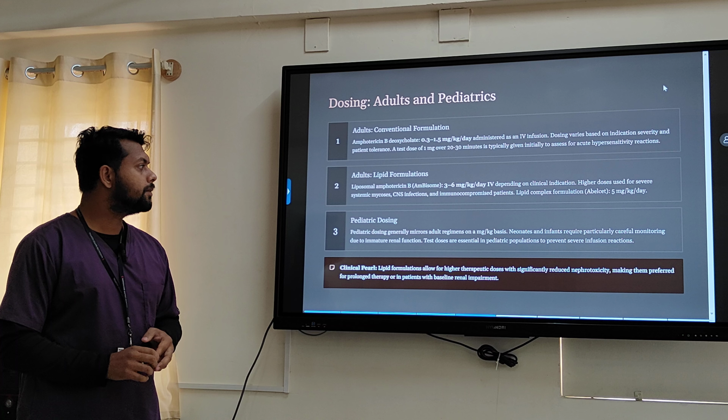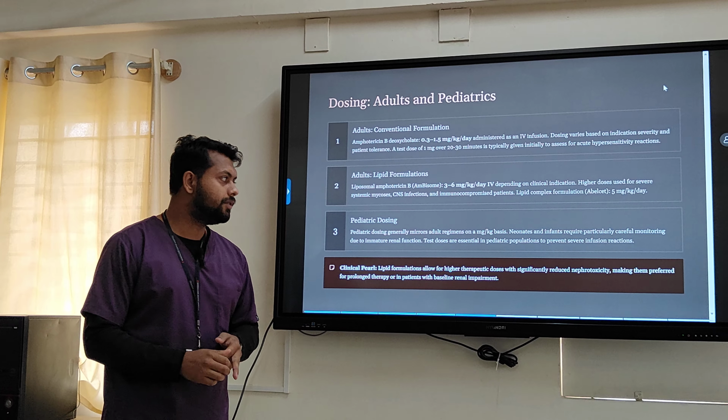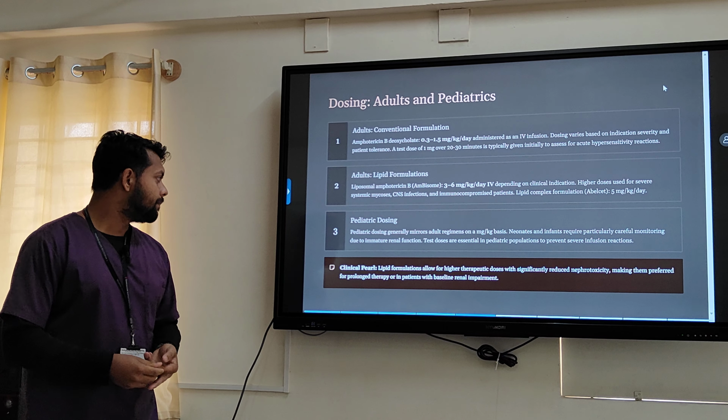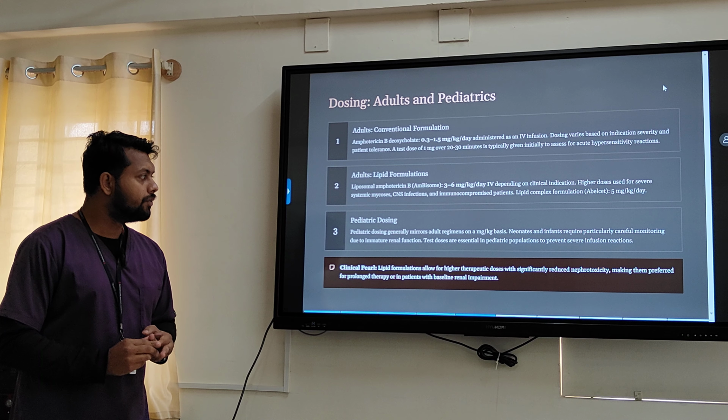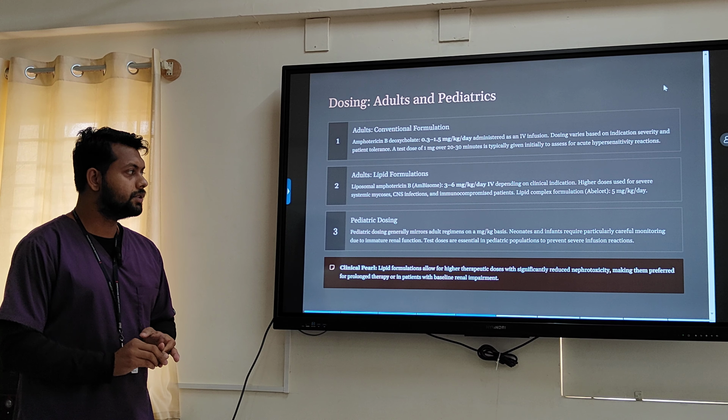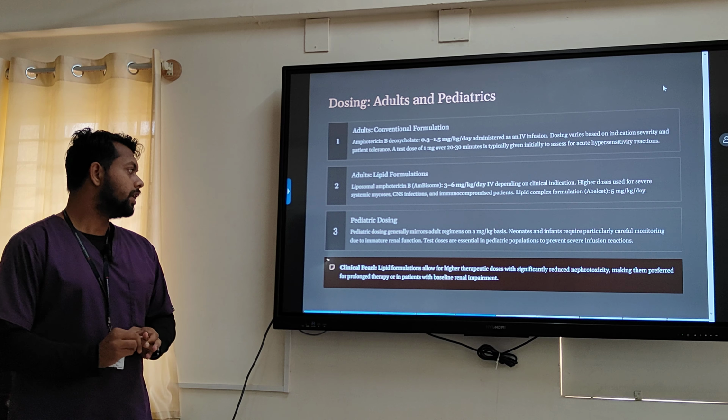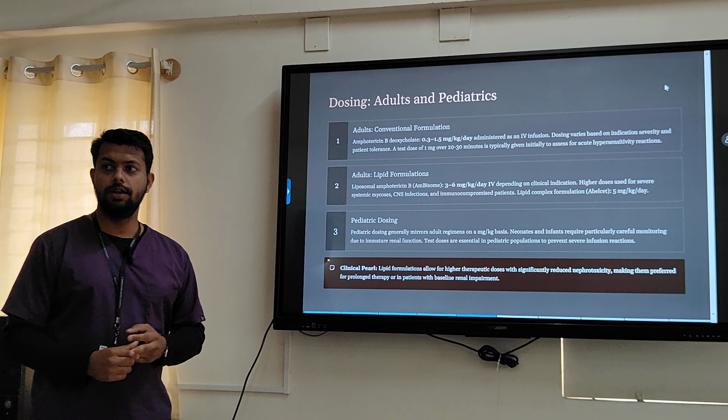Test doses are essential in the pediatric population to prevent severe infusion reactions. Lipid formulations allow for a higher therapeutic dose with significantly reduced nephrotoxicity, making them preferred for prolonged therapy or in patients with baseline renal impairment.